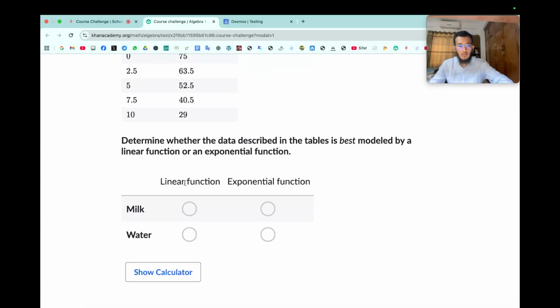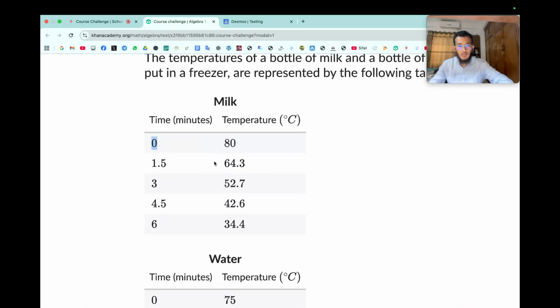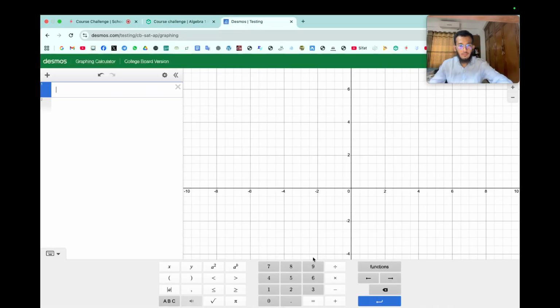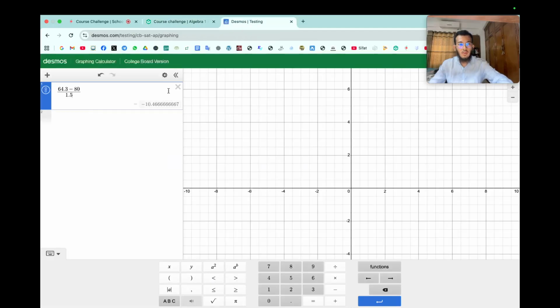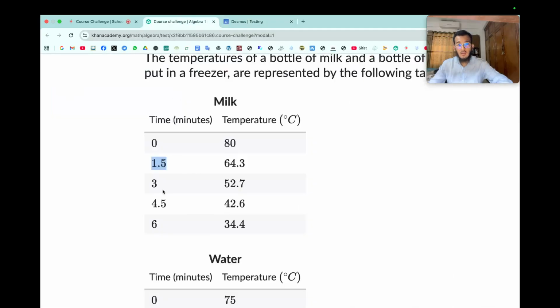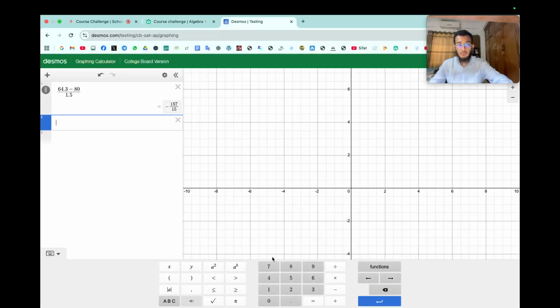Okay, we have a calculator. We know that this is x and this is y, so y2 minus y1 over x2 minus x1. Minus 0 is just the same thing. If the gradient is the same, then we know that it's linear, where the gradient remains constant.